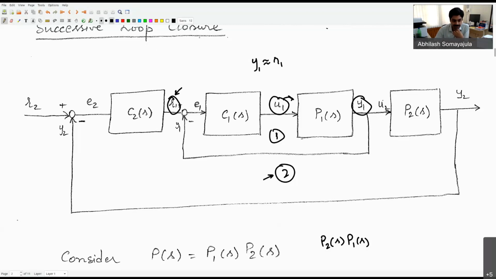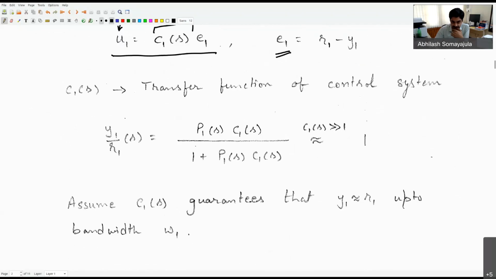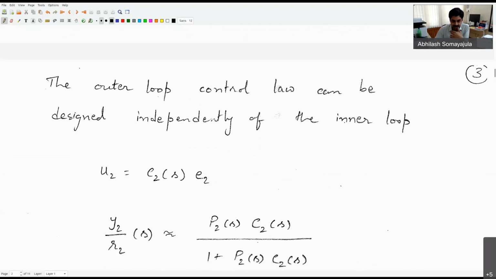If I have tuned my controller properly, and if Y1 is almost equal to R1, I can tune the outside loop independent of the inside loop. And that's what we try to do. So as long as the transfer function between Y1 and R1 is approximately 1, we can tune the outside loop independent of the inner loop.